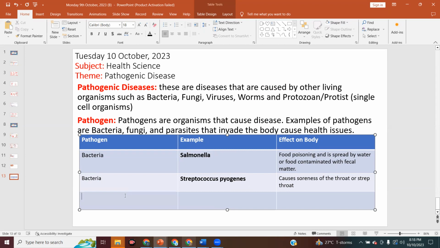This one is more familiar. It's another bacteria, which we call Escherichia coli. Anyone want to try to pronounce this one?